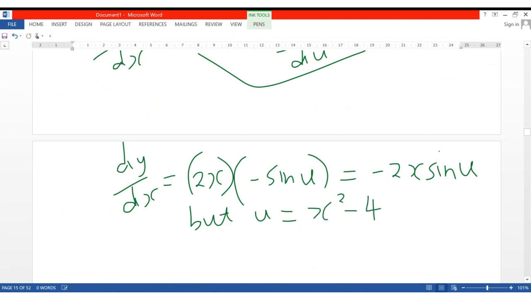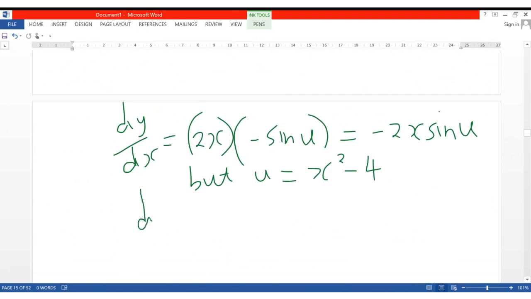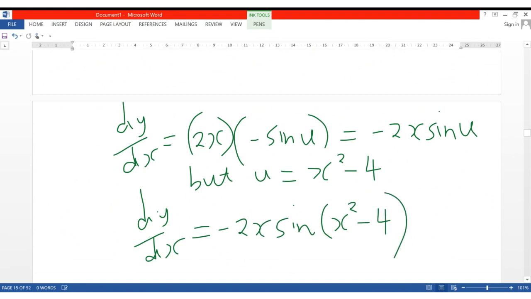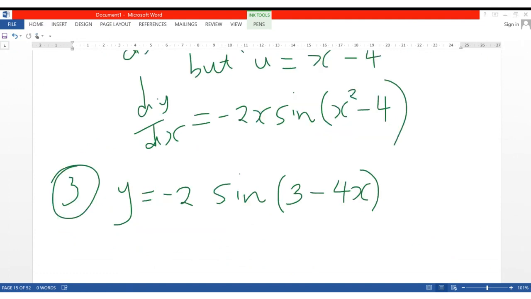So the final answer that I should be getting is dy all over dx will be given by negative 2x sine of x squared minus 4. So this is what we have.